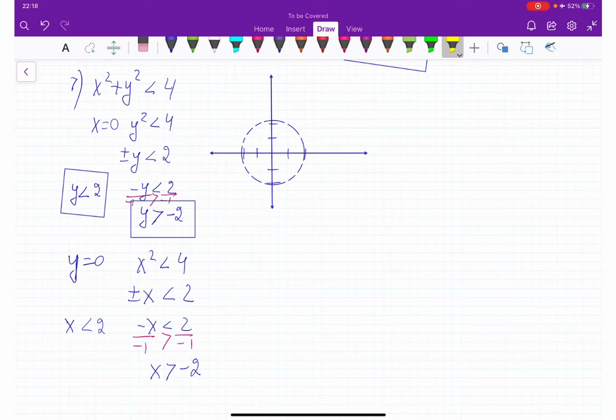Y is less than 2, y is greater than negative 2, x is less than 2, x is greater than negative 2. So we have shading inside of the circle.